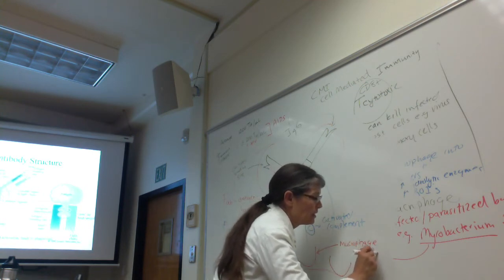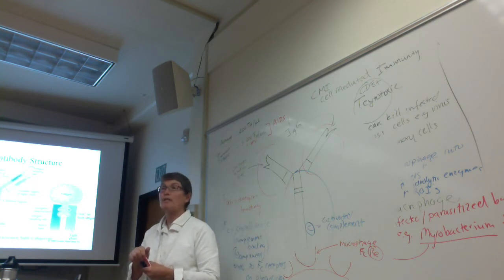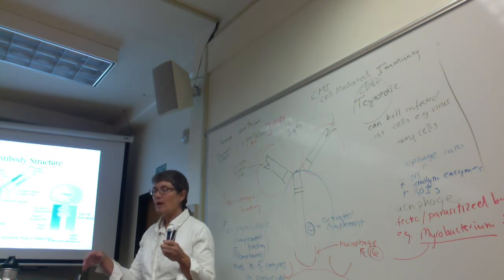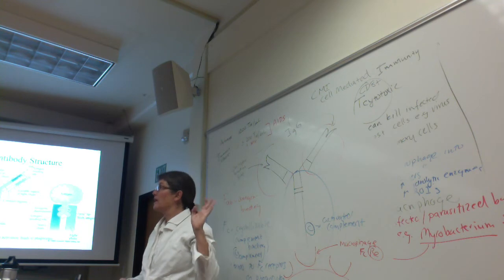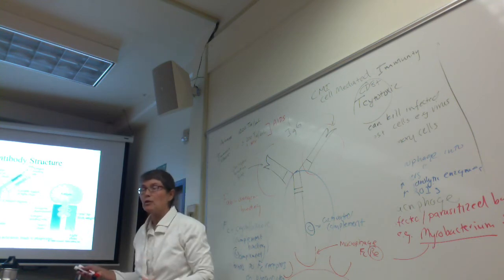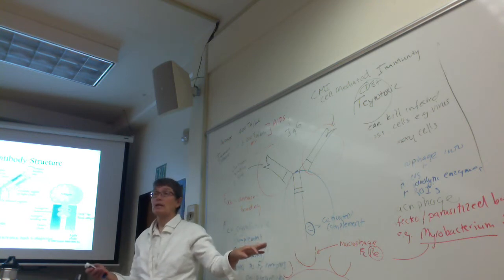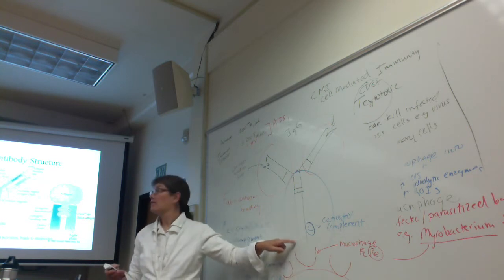Again, this might sound familiar. This is another example of the process we call opsonization. When the invading pathogen arrives, if we can coat it with IgG, the macrophages can quickly and efficiently phagocytize and ingest this opsonized pathogen because they have receptors for that FC stem.